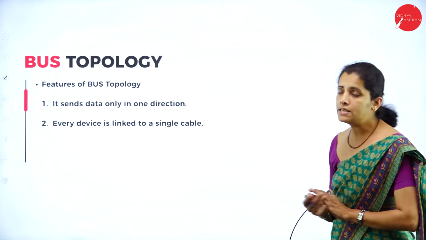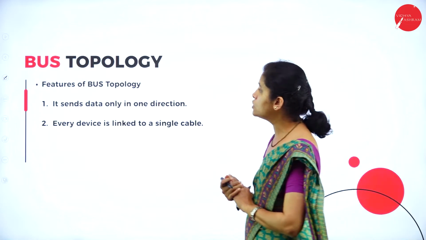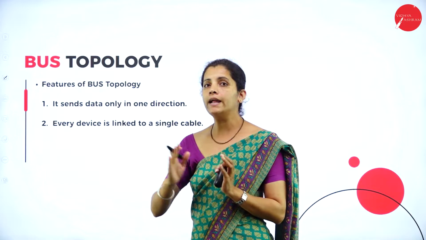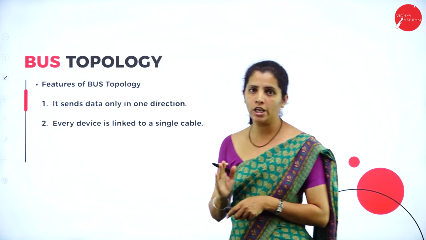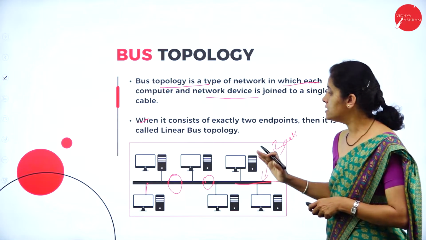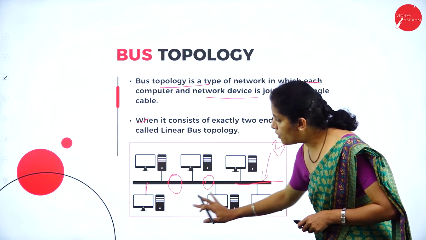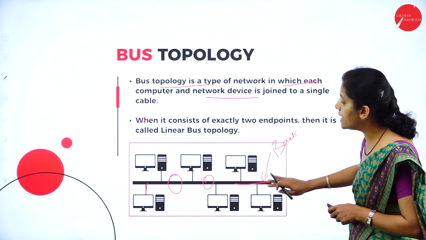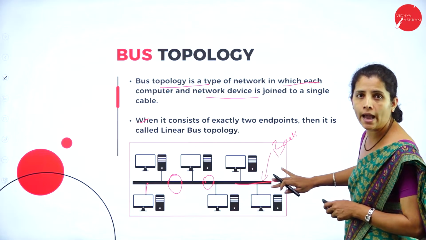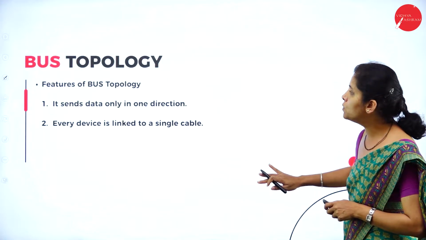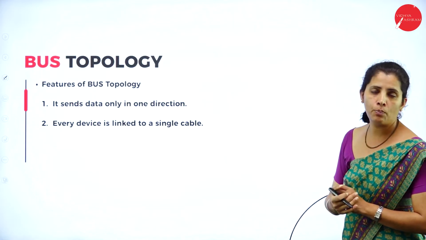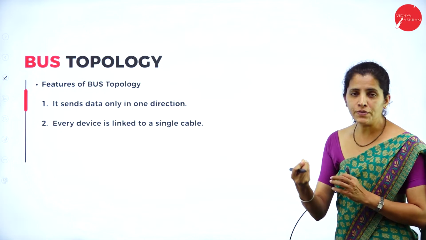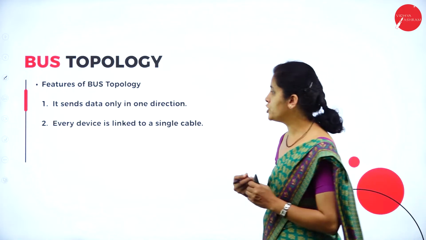If I consider the features of bus topology, all the data are sent in only one direction. See here, this is the example of bus topology, and all the data are transferred in only one direction.